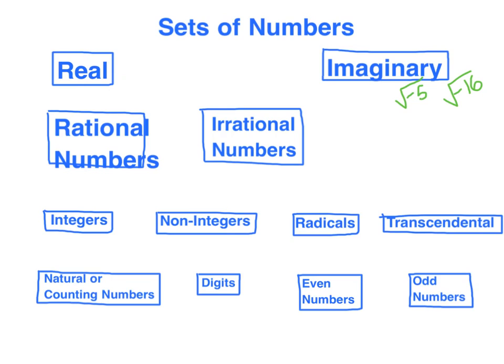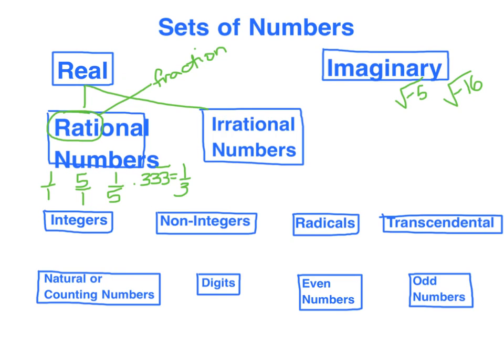Okay, real numbers then go to rational and irrational. And this little prefix, ratio, is going to be really important this year. Ratio means fraction. Any number that can be made into a fraction is a rational number. So 1 is a rational number because I can make that into 1 over 1. 5 is a rational number because it can be 5 over 1, 1/5, even 0.333 repeating because I can turn that into 1/3.